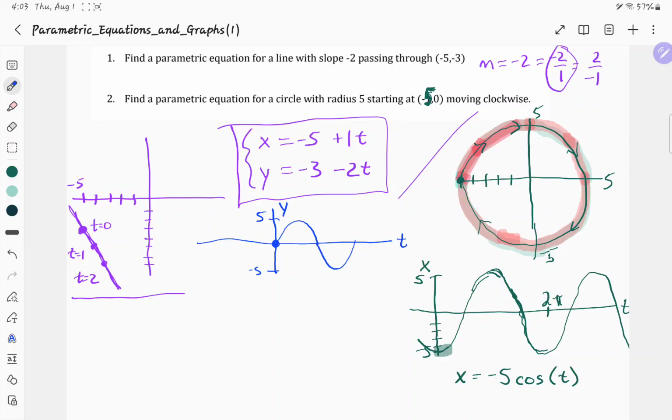So I'm starting at 0, up to 5, back to 0, down to -5, back to 0 again. All right, so that's my movement as I go around.